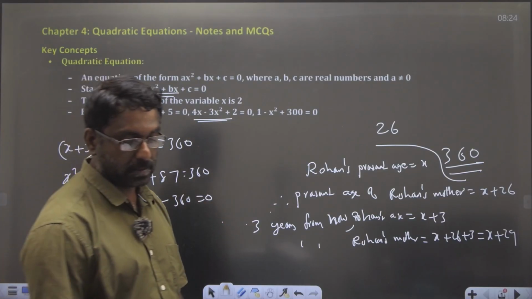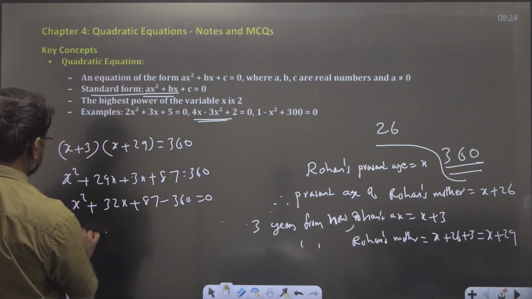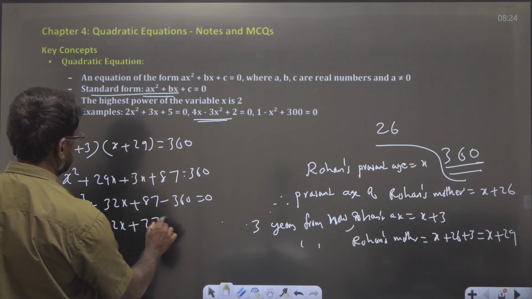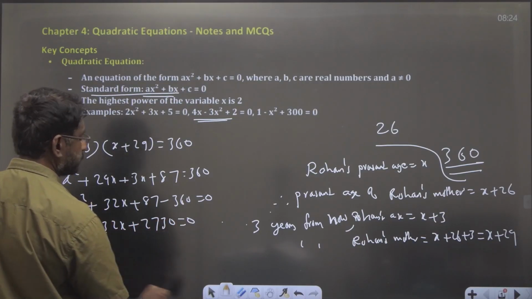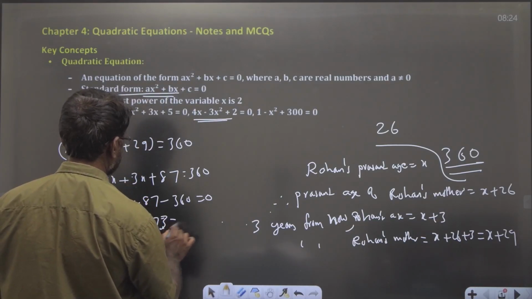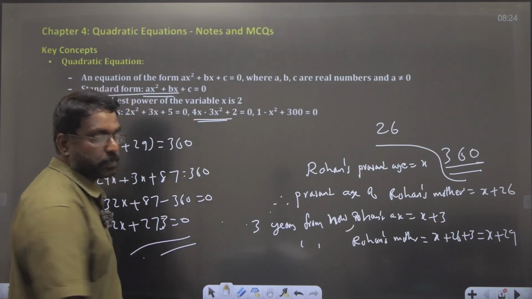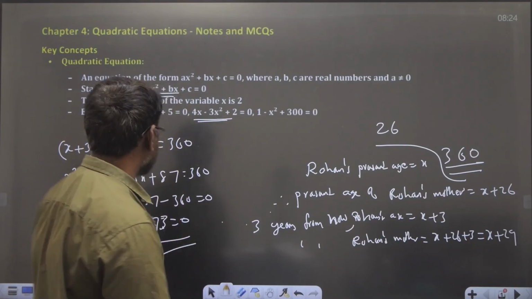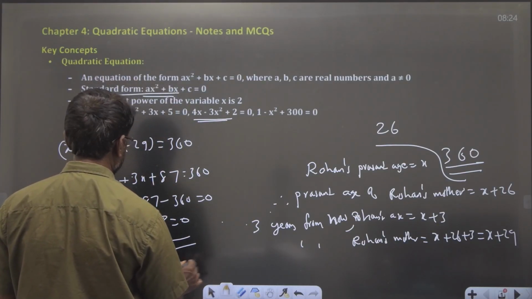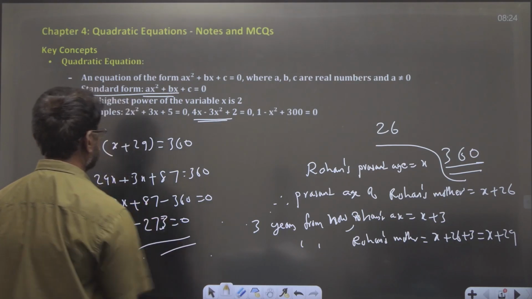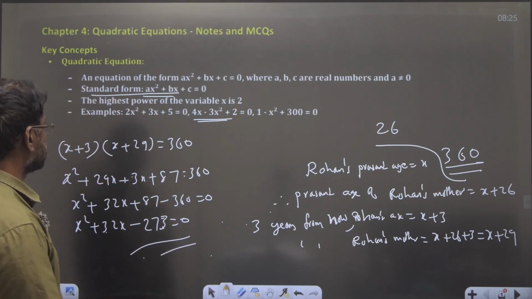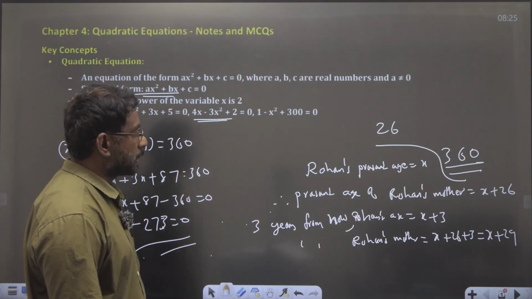You subtract it. 87 minus 360 is minus 273. That is x square plus 32x minus 273 equal to 0. This is the corresponding quadratic equation.